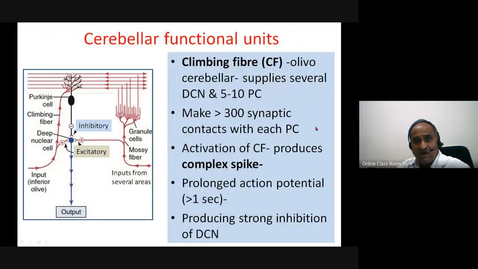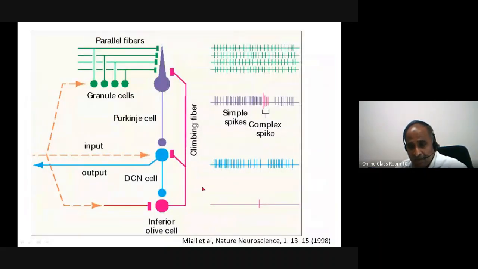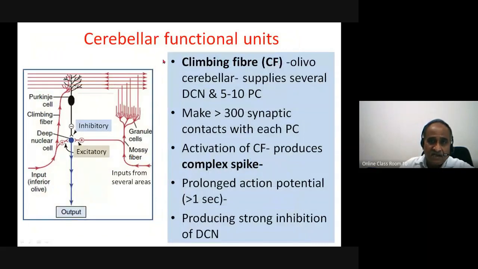Now we move on to the cerebellar functional units regarding the climbing fibers. Because I was trying to talk about the climbing fibers, let us now consider them. The climbing fibers originate from the inferior olivary nucleus. These are the olivocerebellar tract.